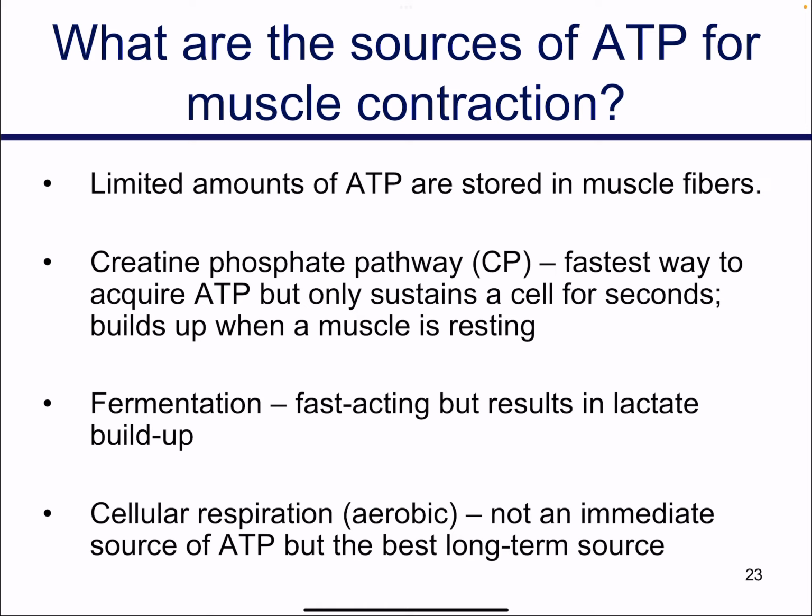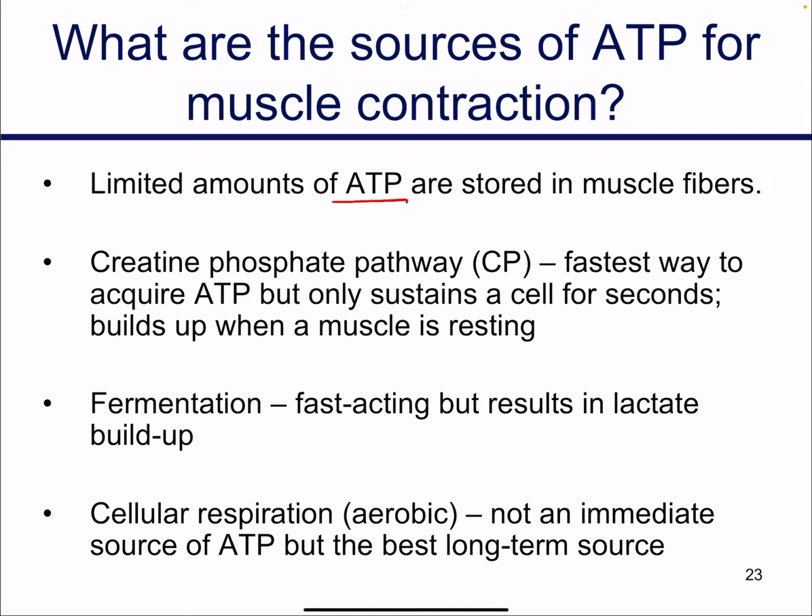So, what are the sources of ATP in our muscles? Now, we talked about glycogen, we talked about the fat. At the end of the day, though, all of that has to be converted into ATP. Now, here is the thing. We never store many seconds at a time worth of ATP in terms of work.